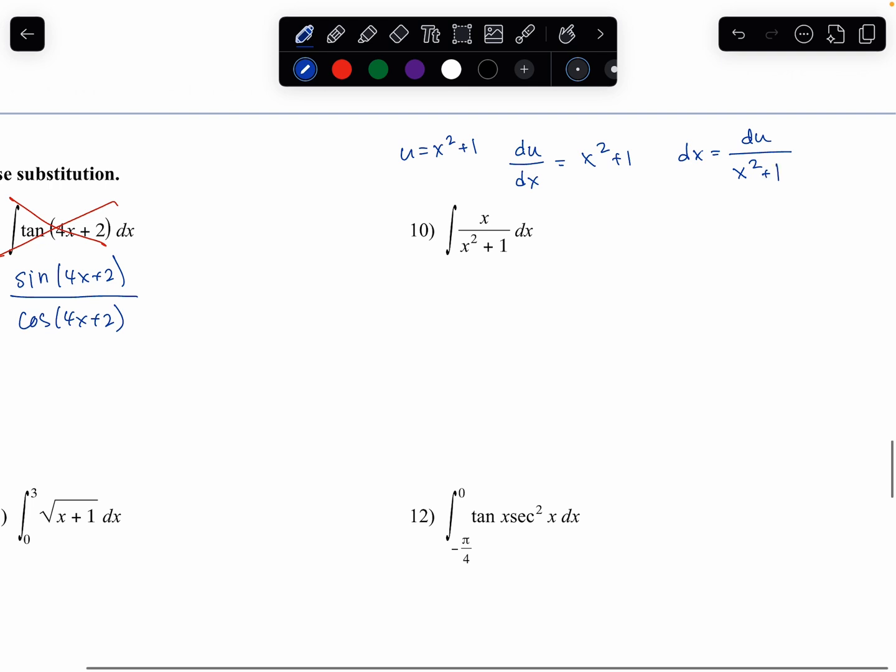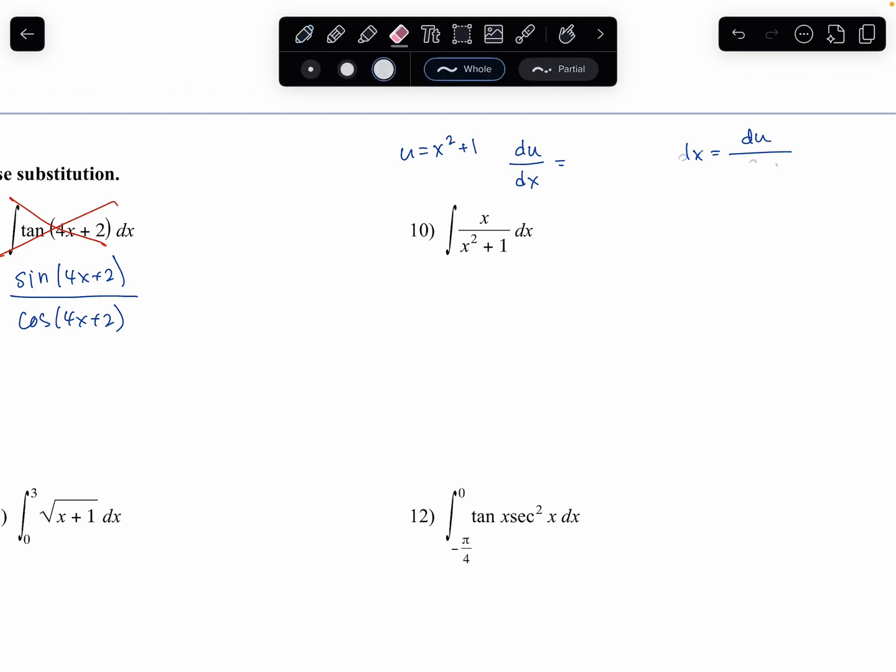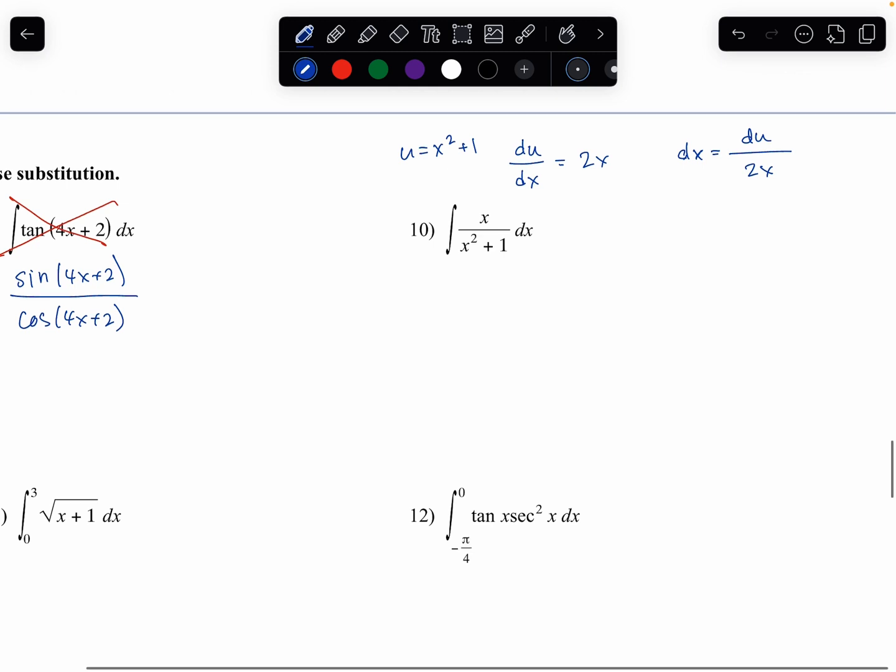What the flip? No. 2x. Sorry, I got so caught up in writing my u's the correct way. Let's see, so du over dx is equal to 2x, and dx is going to be equal to du over 2x.